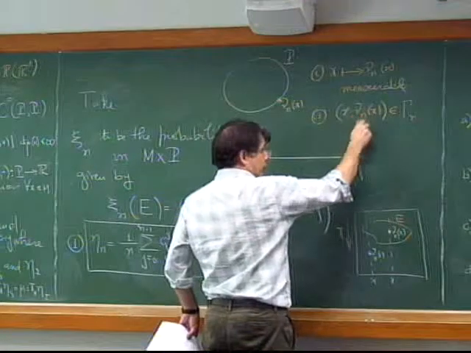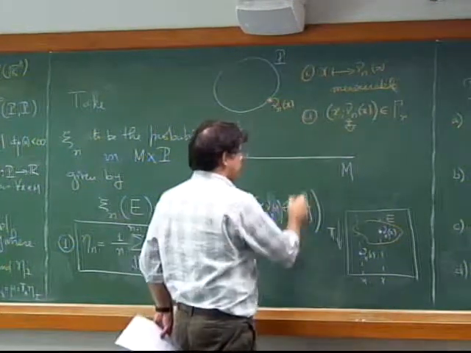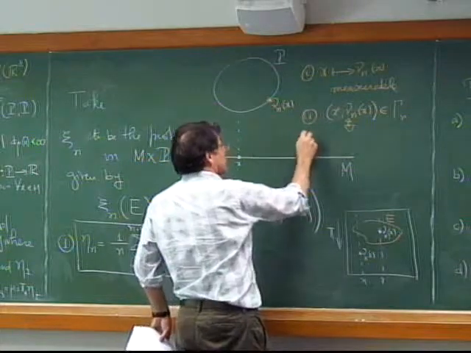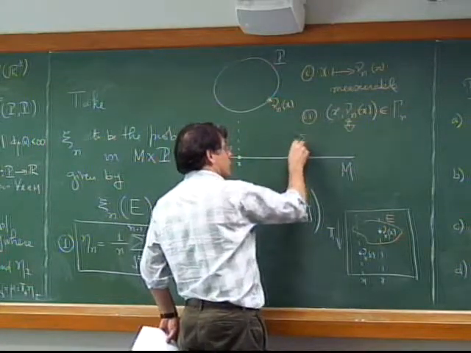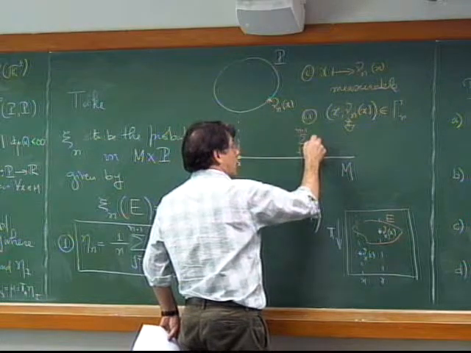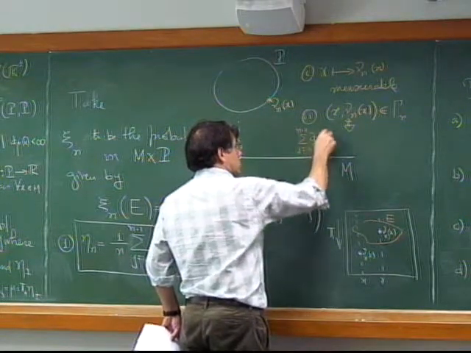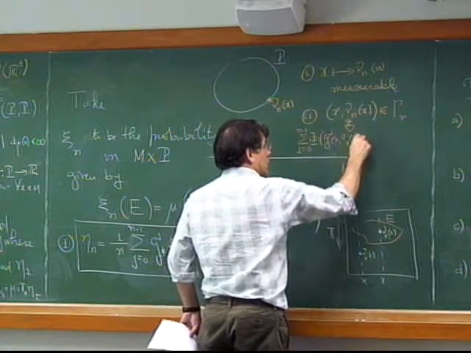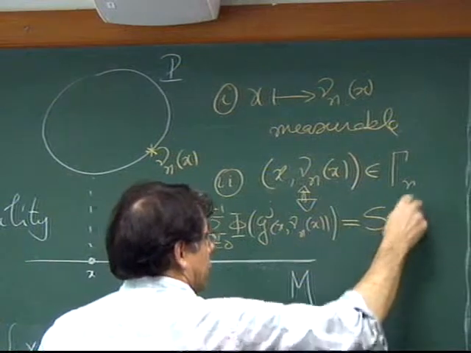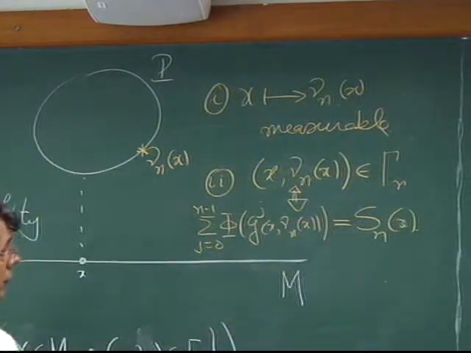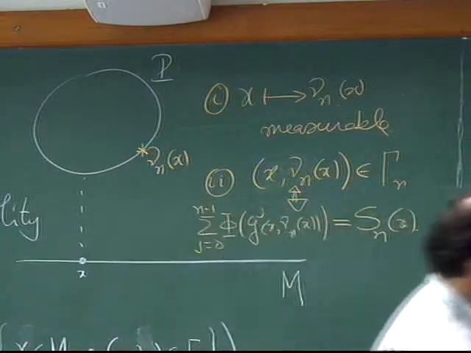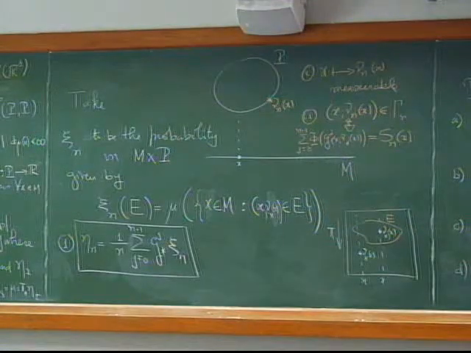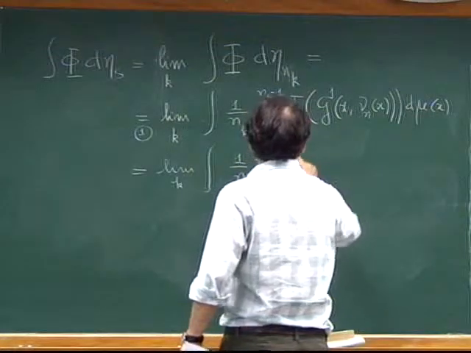By definition, unfortunately I already erased, by definition, this is the same as saying that the sum j from 0 to n minus 1 of phi of g j x nu n of x is equal to s n of x. This was the definition of gamma n. So this is 1 over nk s nk of x.